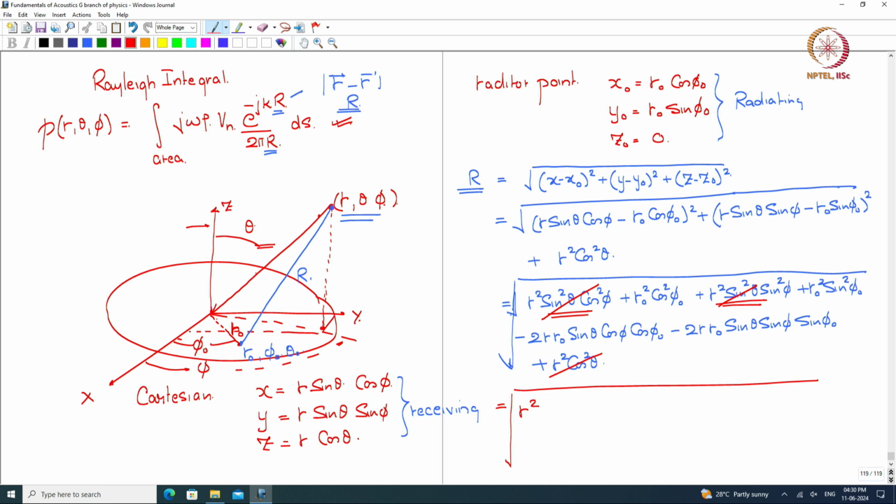Then this and this give me r0 square. Then I have minus, sin theta is also common here, minus twice r0 sin theta into cos of phi minus phi 0.